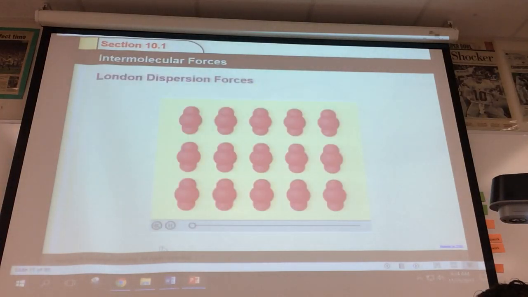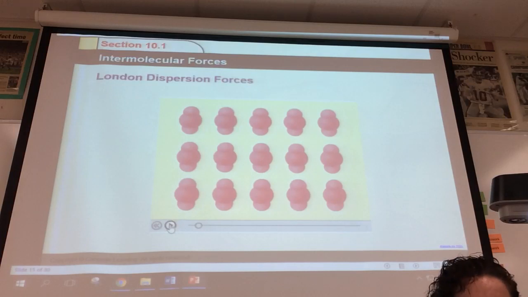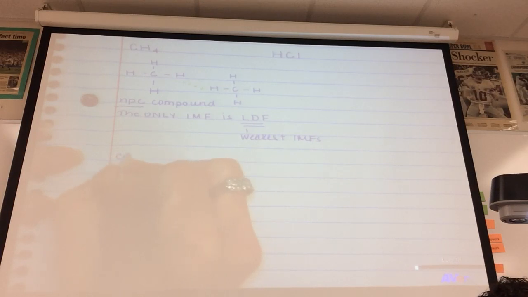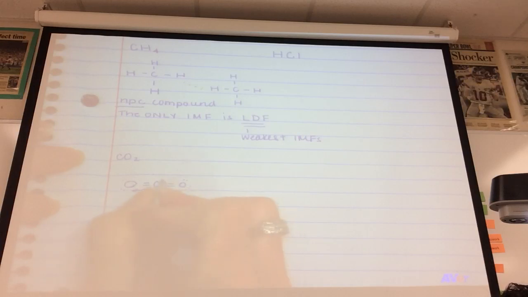In solid carbon dioxide, dry ice. Let's look at carbon dioxide just for a sec, because this one's a little bit tricky. With carbon dioxide, CO2, remember this is one of those tricky molecules because you've got a dipole here and a dipole here, yet carbon dioxide is nonpolar covalent.